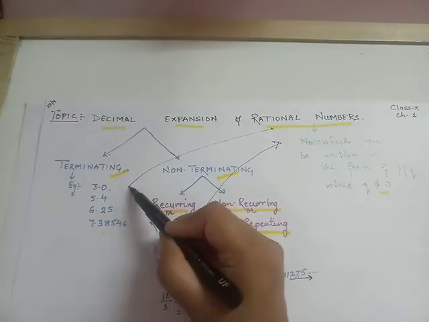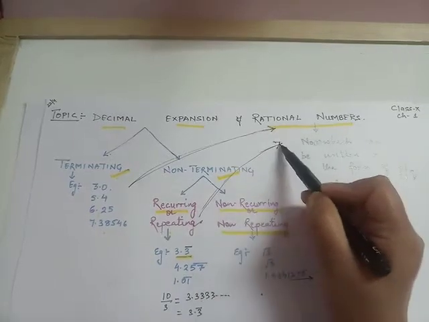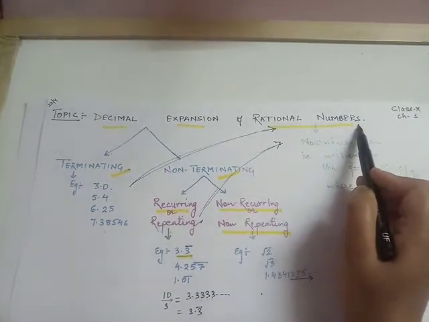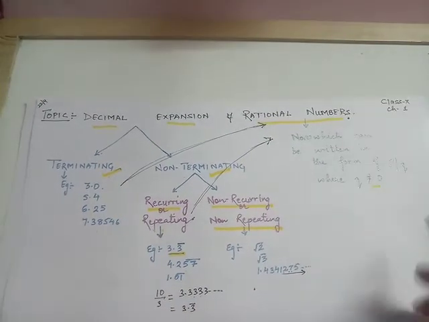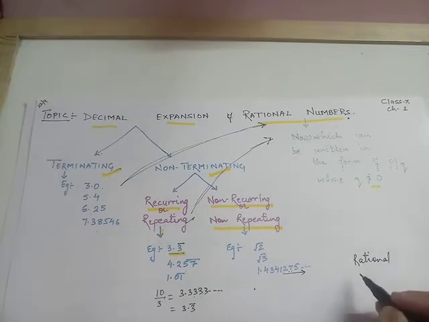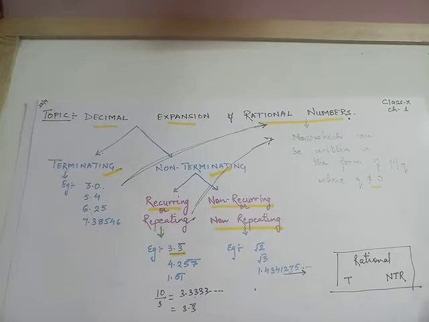Now of these, the terminating decimals and the non-terminating recurring decimals come in the category of rational numbers. But on seeing a fraction or a rational number, how can we say that it will be terminating or non-terminating repeating? This is our today's main topic.